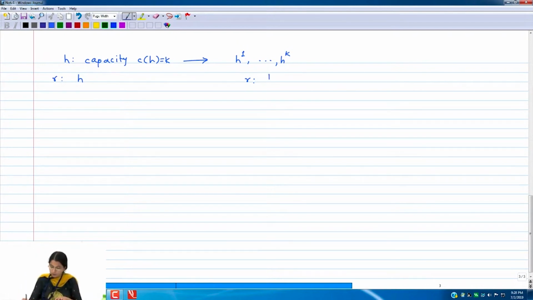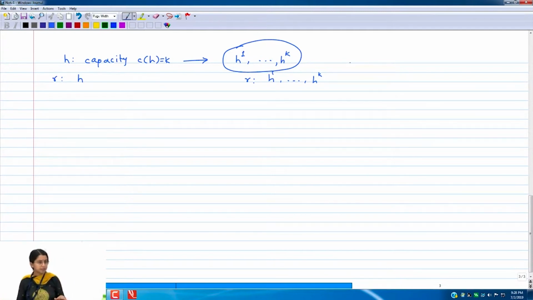Yes, so R should now have H1 to HK in the preference list, not as ties because we don't want the case with ties, but in the same strict order. So we just fix this order on the copies of H, and every resident ranks these hospitals in this same order. So now we have landed up in the 1-to-1 case.